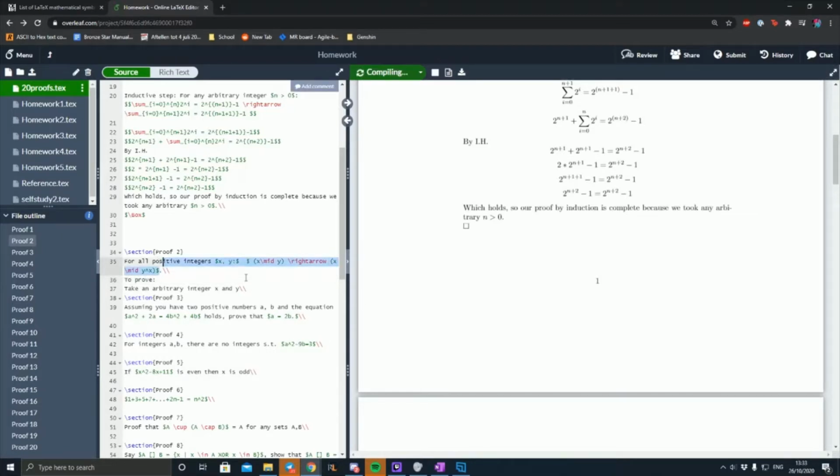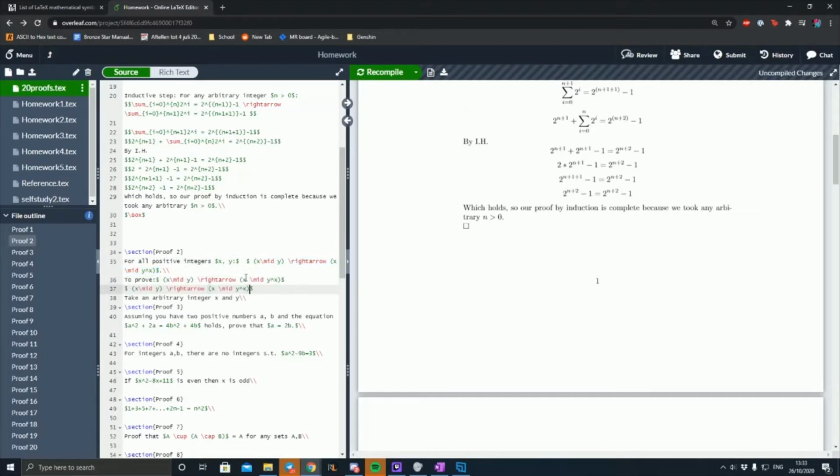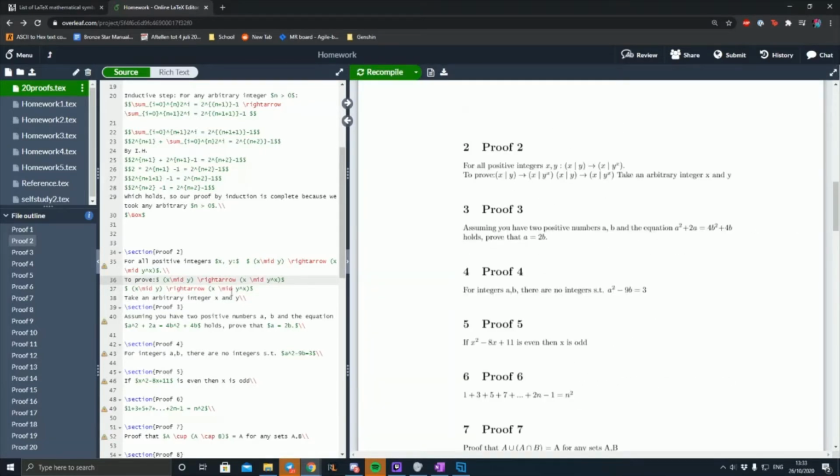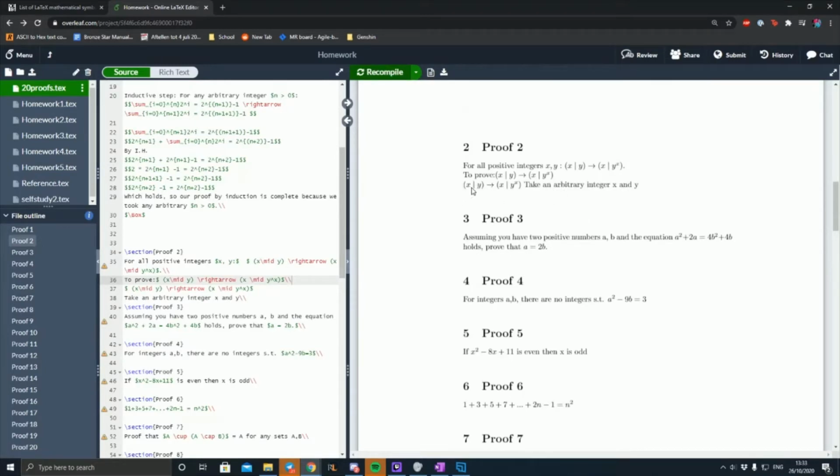And let's first rewrite some of this. I'm going to take what we have to prove and rewrite it in a way that doesn't use the divides symbol. So here it says, okay, x divides y, then x divides y to the power x.